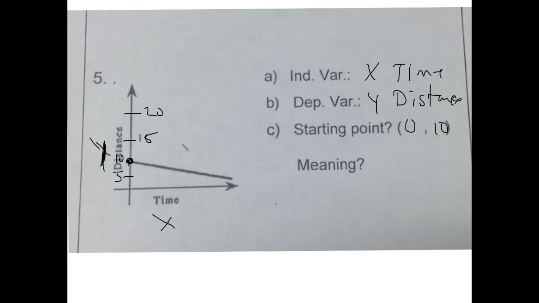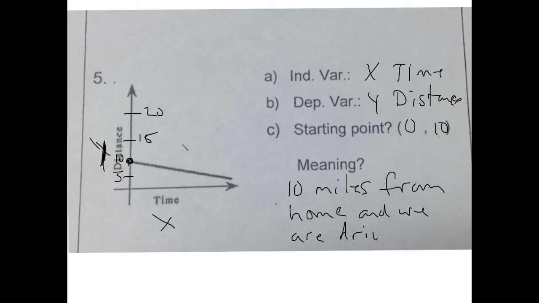The way this graph is set up, we're 10 miles from home and we're driving towards it. You can see as time passes, we get closer and closer to home, and down right here, this will be home. We were further away from home, and as time passed, our distance from home got smaller.